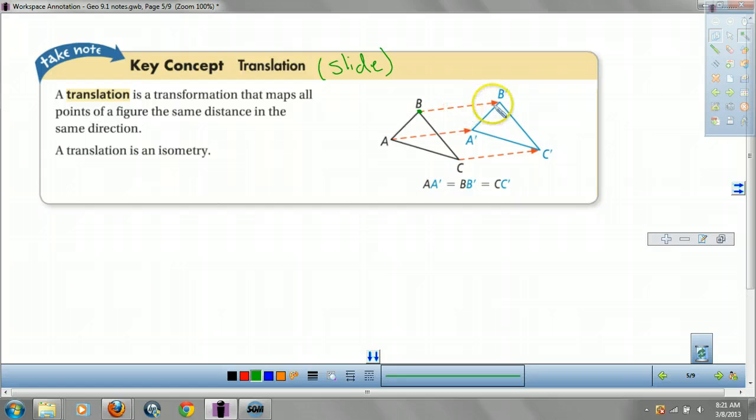Remember these vectors? Magnitude and direction. Each of these vectors is the same direction and the same length. And that's why A prime equals B prime equals C prime. None of them equal Optimus Prime. It's a joke. And I can change which direction those go in.